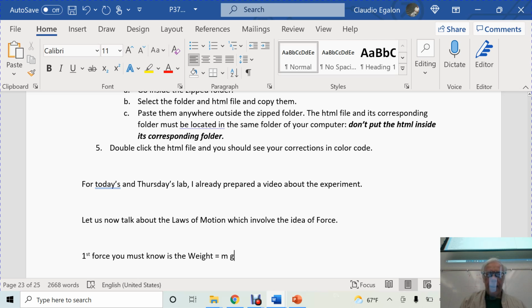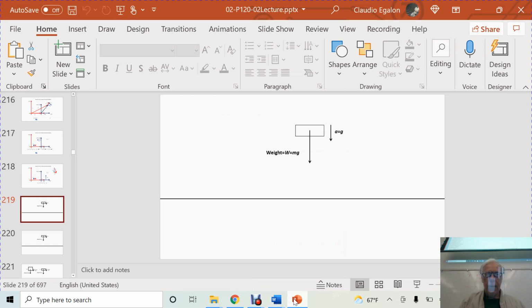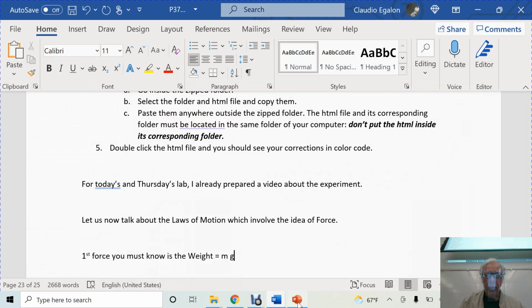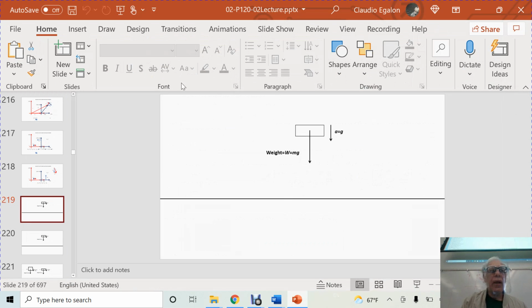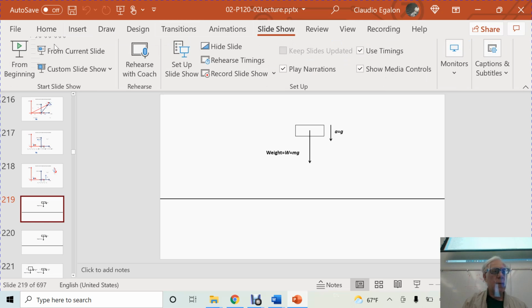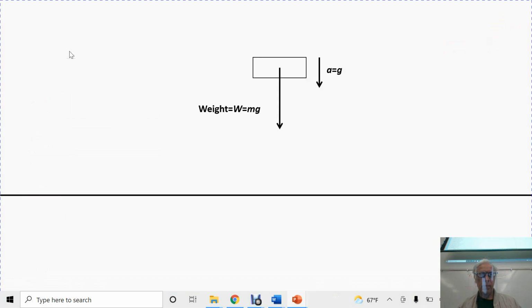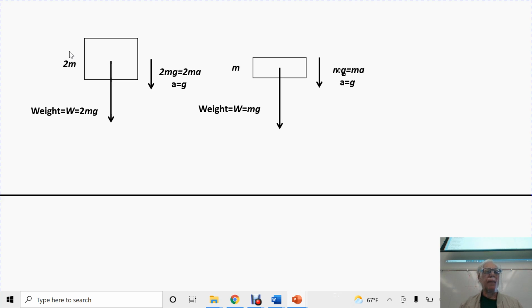Okay, and that's what is illustrated here in this slide. If you have an object that's a little bit heavier than the other one, the force is going to be twice as large as the other one.